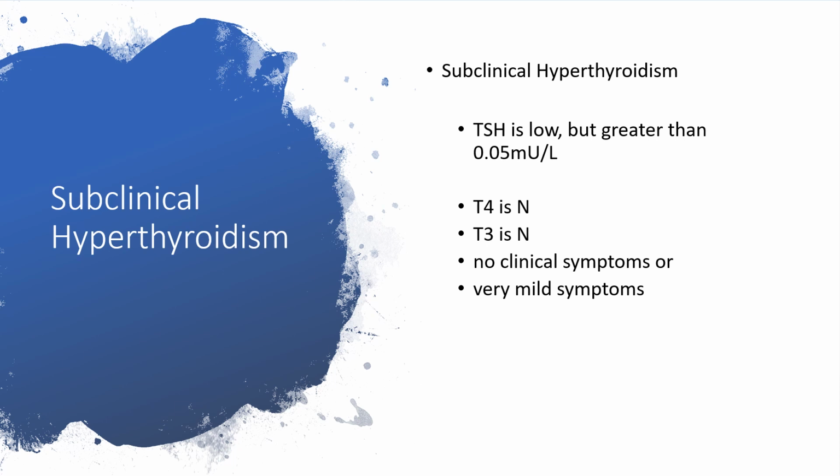Another clearly defined feature here will be that T4 will be within normal range, and the same with T3. Remember, in overt hyperthyroidism, T4 will be high and T3 will be high. Another feature here is that we might be dealing with no clinical symptom at all, or if we are going to find any symptom or symptoms, it will be very mild. That will be all about subclinical hyperthyroidism.